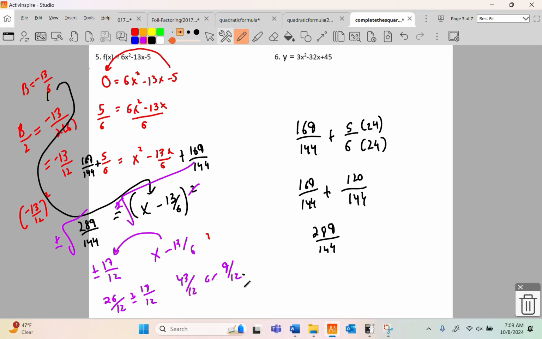Are they? No, they're not. Sorry, forgive me. The 9/12 reduces. That's what, 3/4? I was expecting it to work out a little better than this, but boy, it did not, did it?